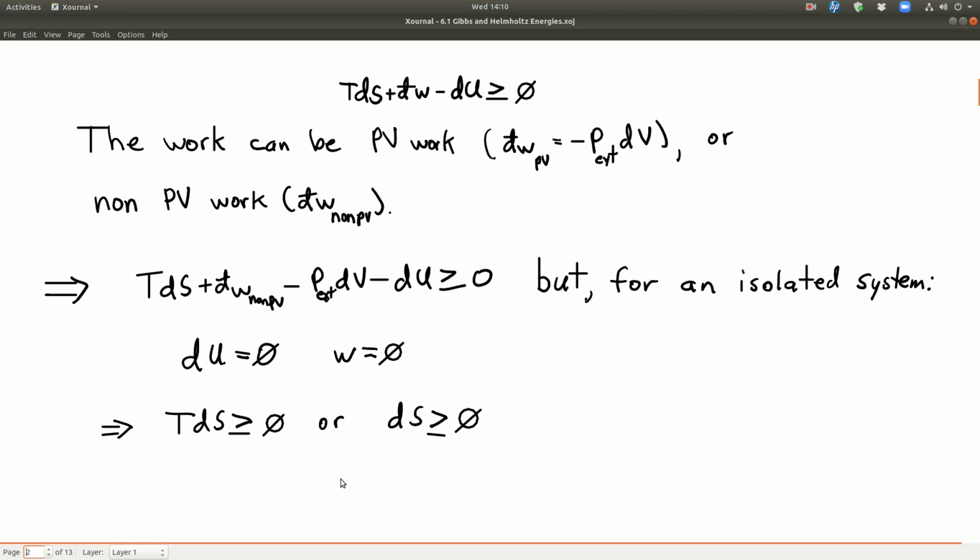Now, up to this point, we've only really looked, for the most part, at expansion work or PV work. But work that's done on or by the system can also be non-PV work, like electrical work. So we're going to take that into account. This d̄w, we're going to write as the non-PV work and the PV work.